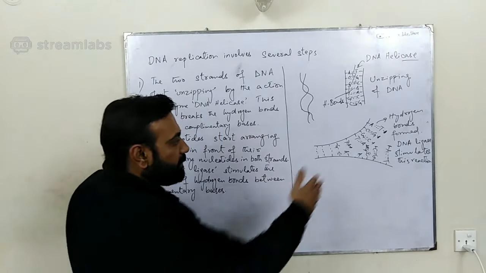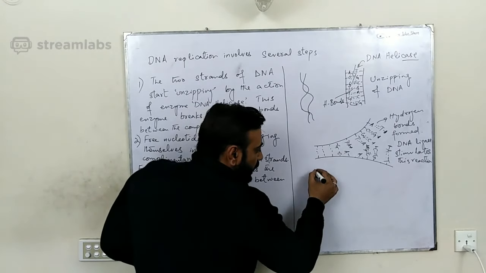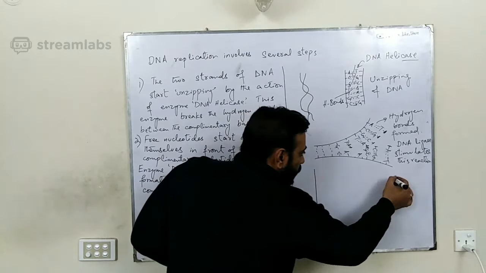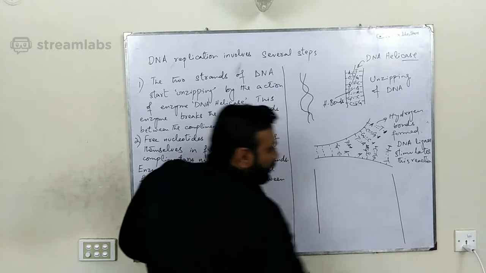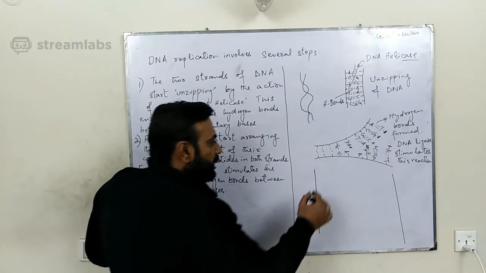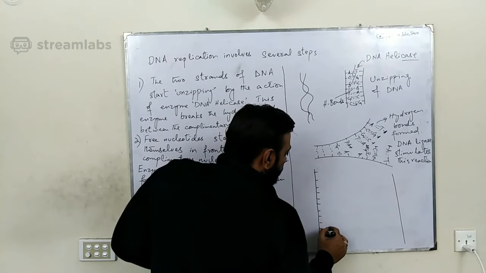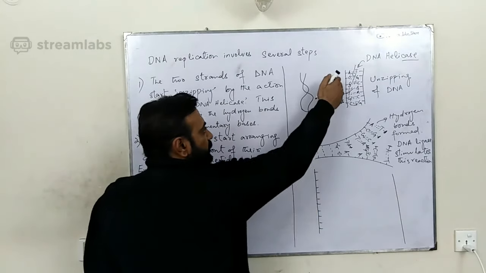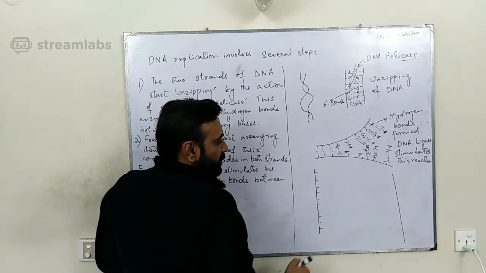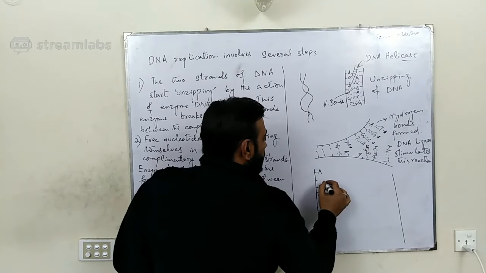So when this keeps on unzipping, the original two strands would be completely separate from each other by the end. Suppose this is the original strand on the left side, so it will have the same sequence, obviously.